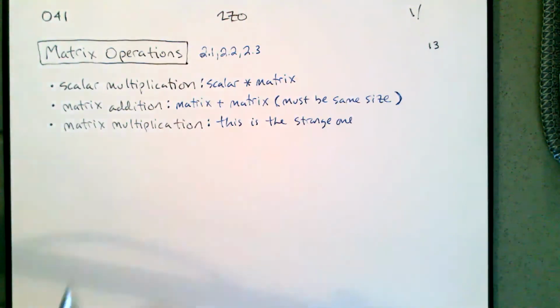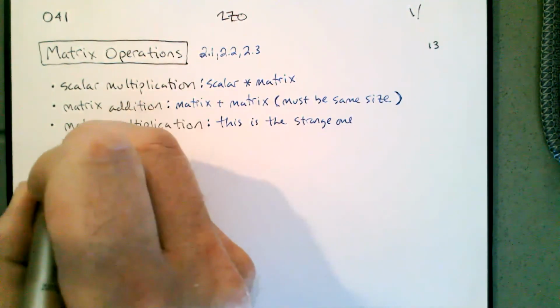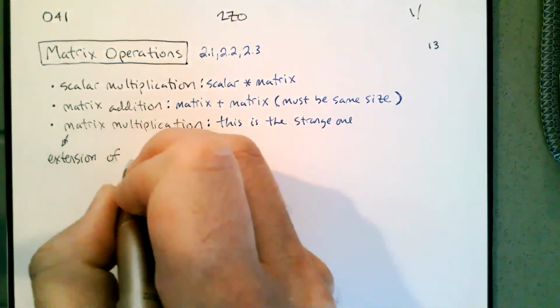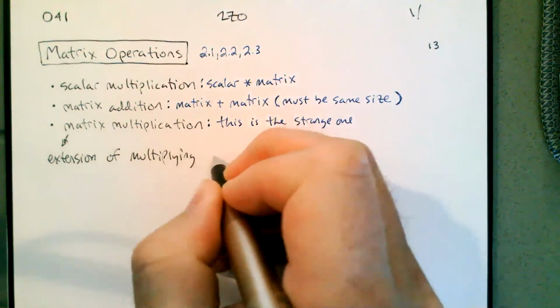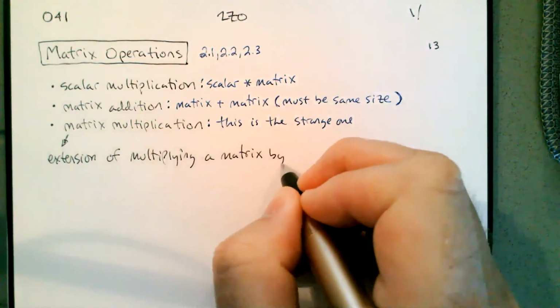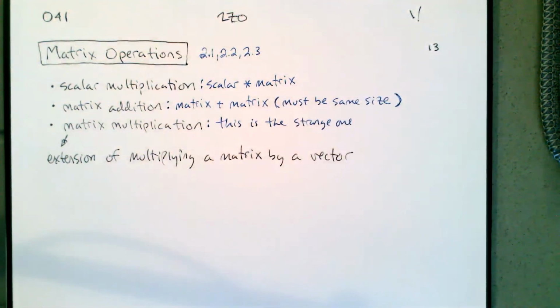So I think we should probably begin with that. So we're going to extend the idea of multiplying a matrix by a vector.